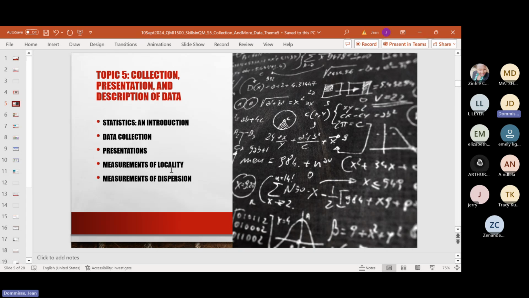And what's always interesting is, look at it as measures of locality. If you look at a city center, a lot of people are in that city center, and as you move further away from that center, you see or pick up less and less people. So that is the dispersion away from that center.